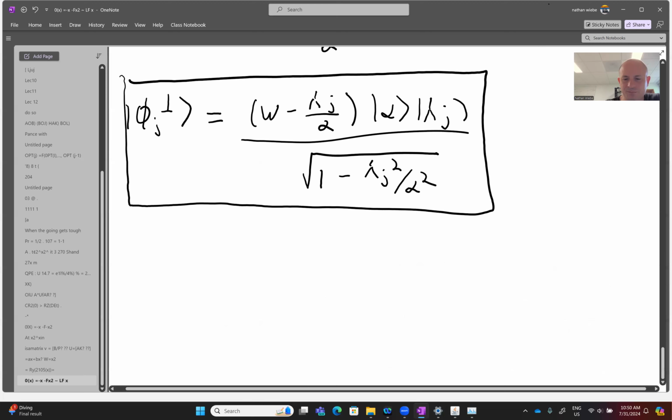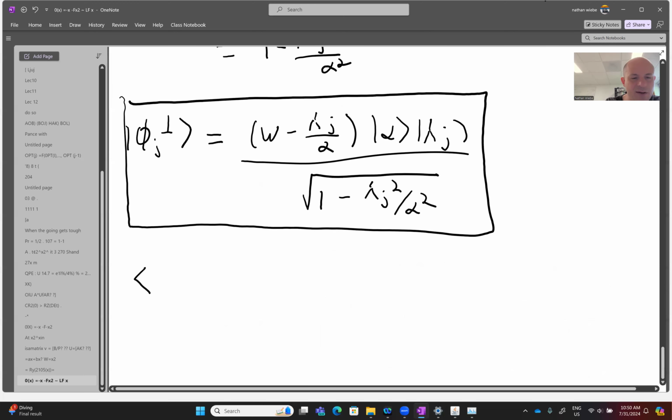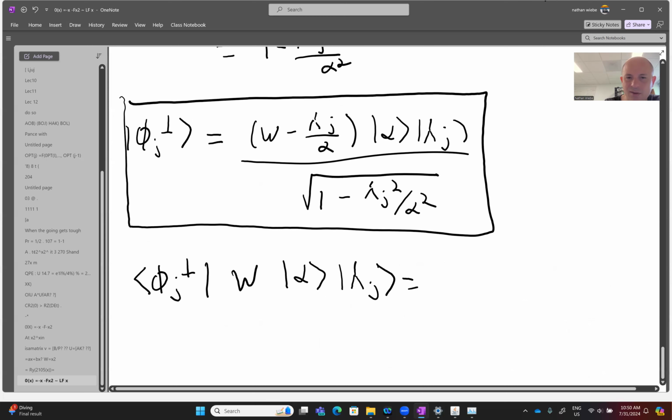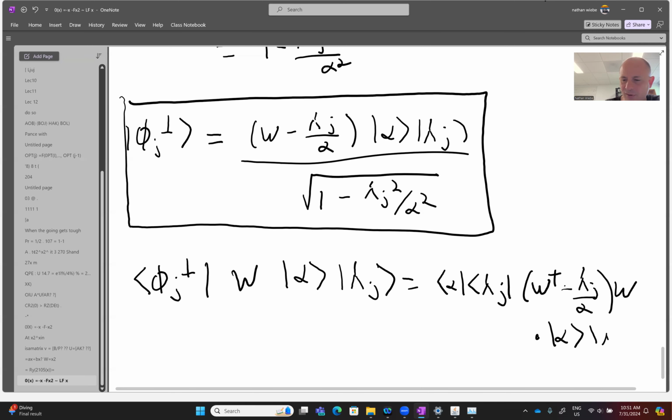Computing that matrix element, we get that phi j perp W alpha lambda j is equal to alpha lambda j times W adjoint minus lambda j divided by alpha times W times alpha lambda j.